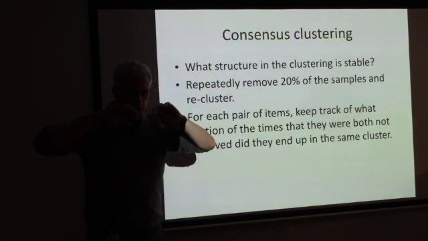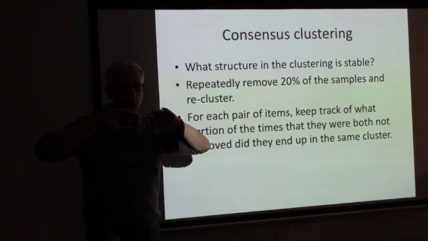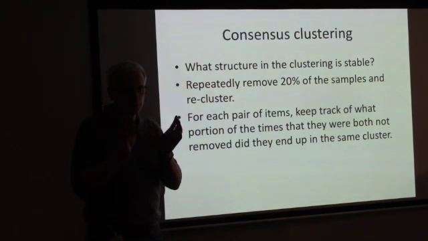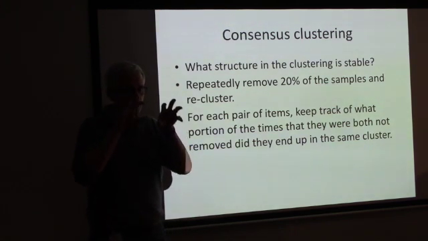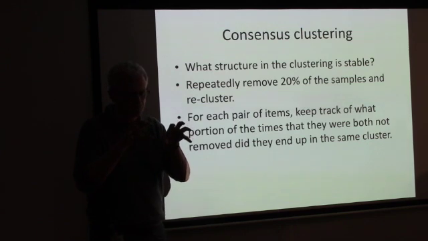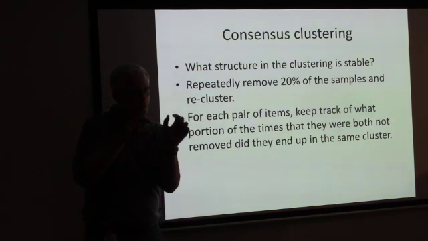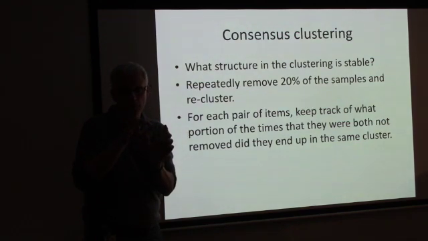You run k-means or whatever method you want, and you get 2 clusters. Of course, you had set aside 20% of the samples, but of the ones that remained, you have 2 clusters. And you can take note of sample 1 and sample 2: were they in the same cluster, or in different clusters?